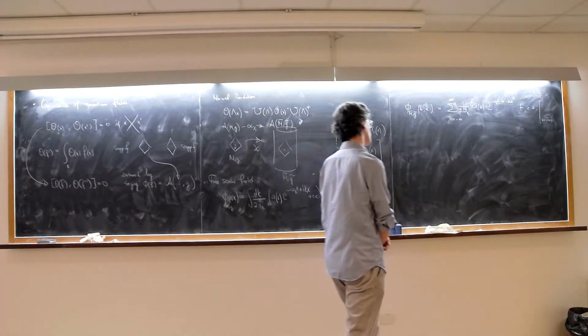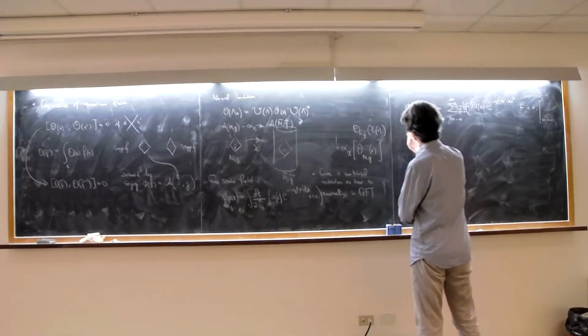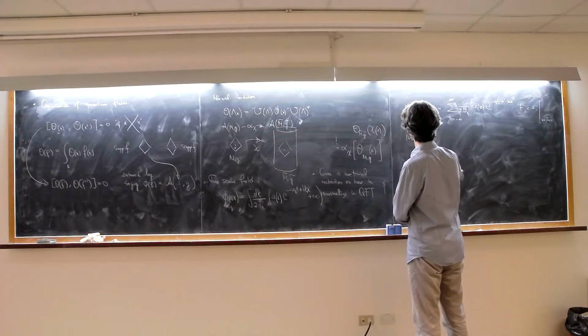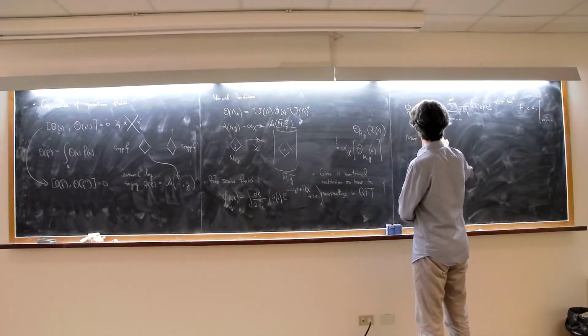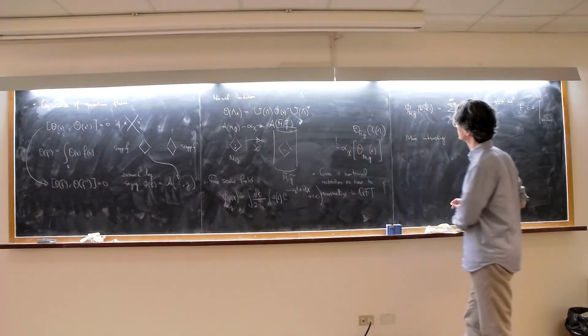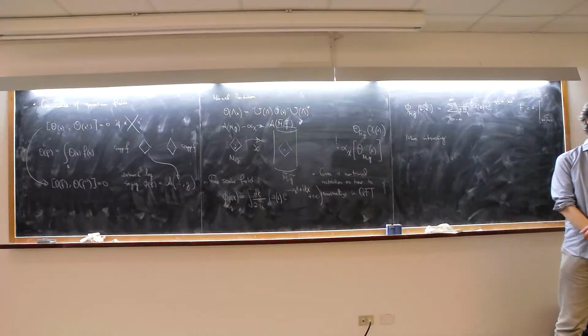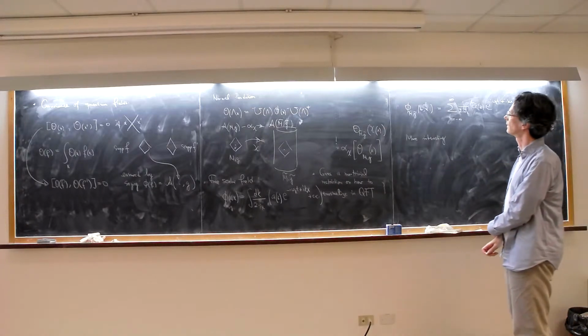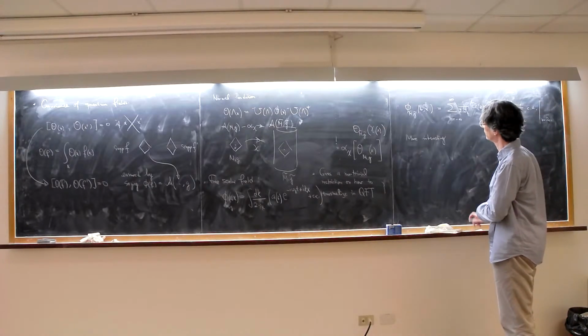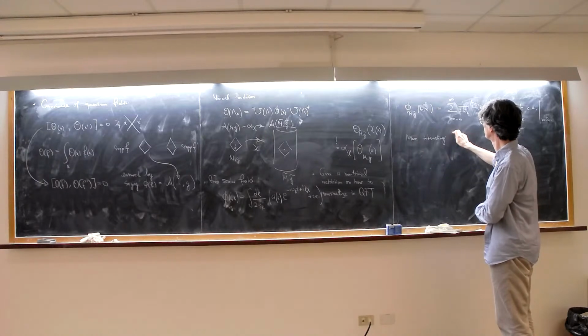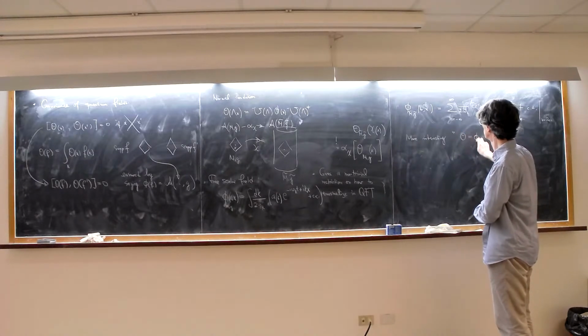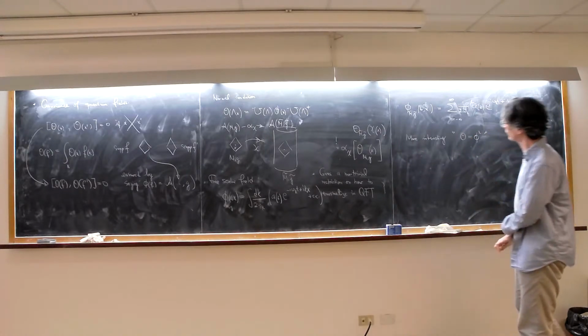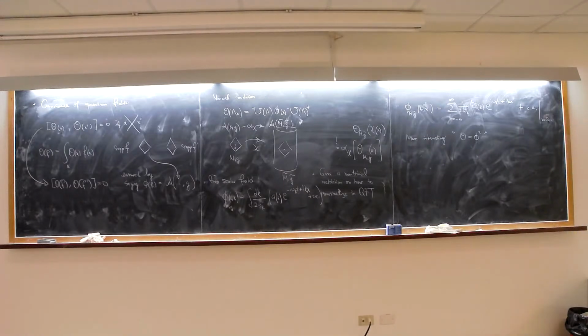So now let's do something even more interesting. You will believe me that this is somehow done. But let's suppose I want the operator which is supposed to be the square of the field, sometimes called the vacuum polarization.